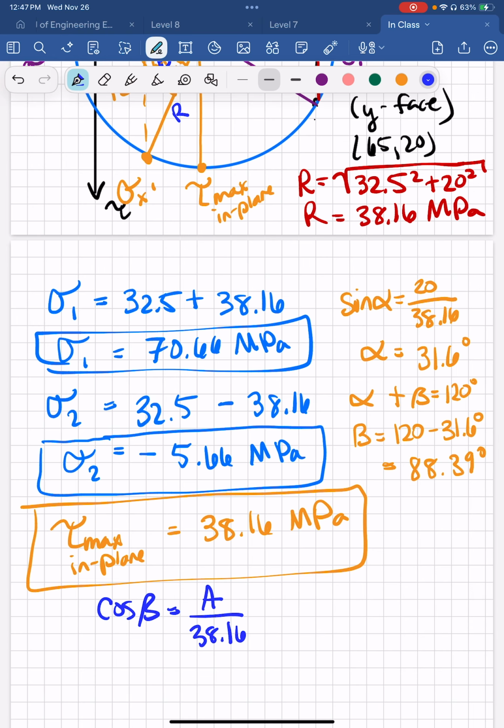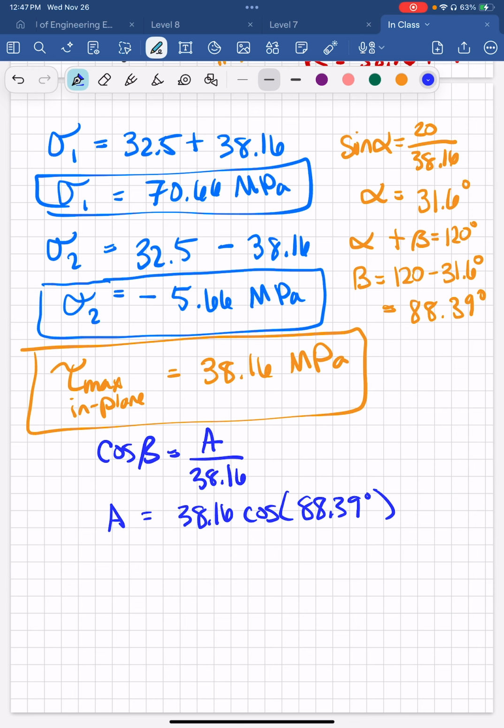And we know beta is 88.39, so A equals 38.16 cosine of 88.39 degrees.